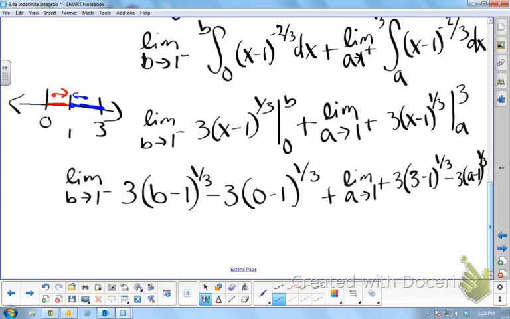We just did our fundamental theorem of calculus twice. And now again, even though we're approaching from the left, if it doesn't cause us any trouble to plug in 1, we just plug in 1.